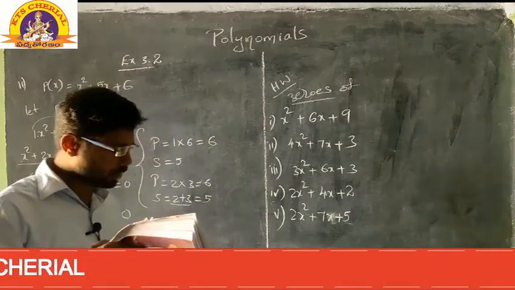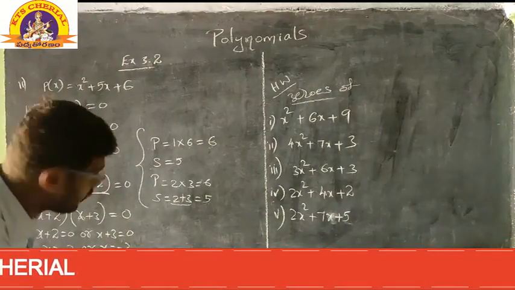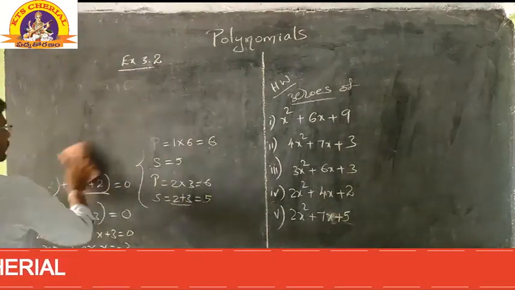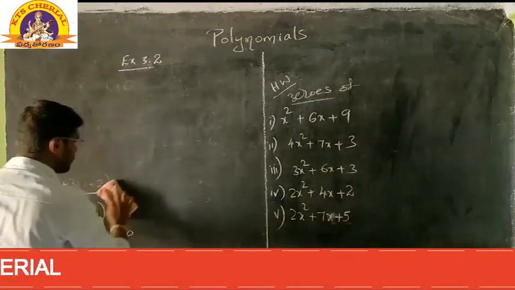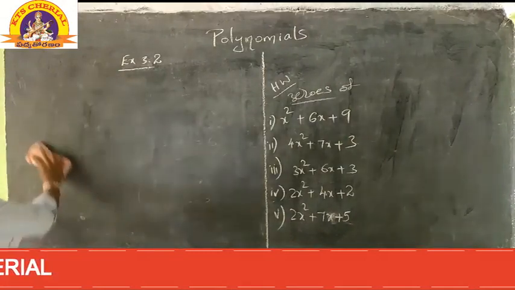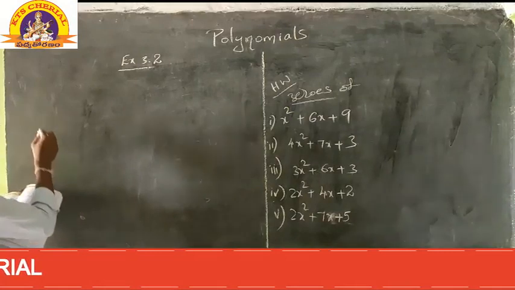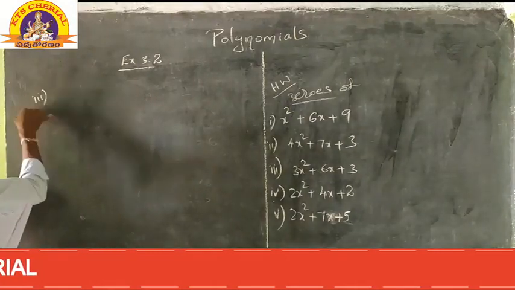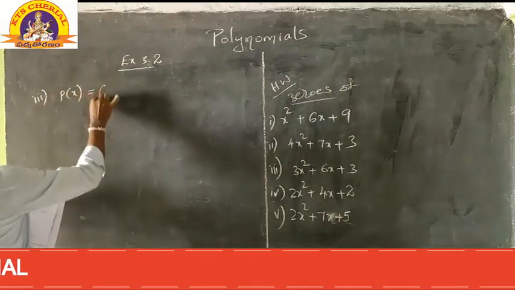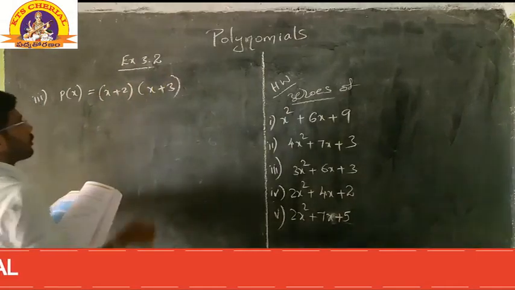Now next, in the textbook, third problem: P of x equals (x plus 2) into (x plus 3).